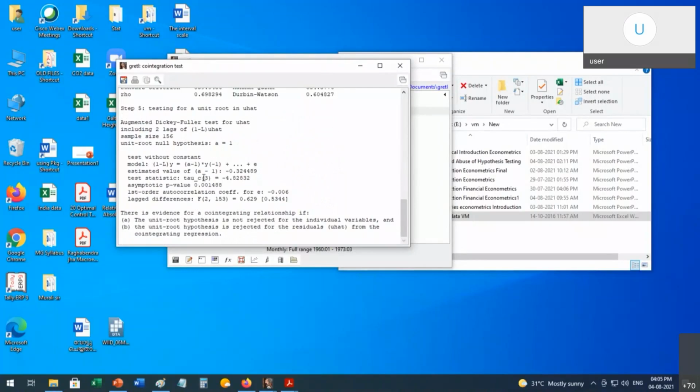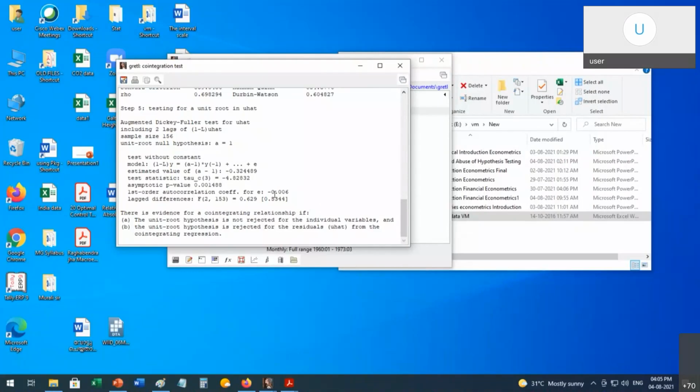Now, if we do not know how Gretl is reporting its result, we can read this one. It says that there is evidence for a co-integrating relationship if the unit root hypothesis is not rejected for the individual variables and the unit root hypothesis is rejected for the residuals from the co-integrating regression. Now remember, it is better that we first do the unit root test on all the variables and then come to this one.